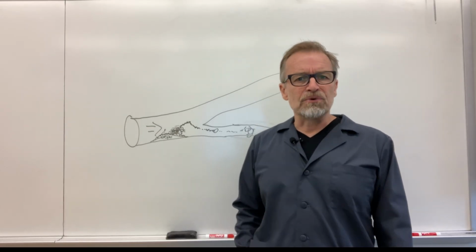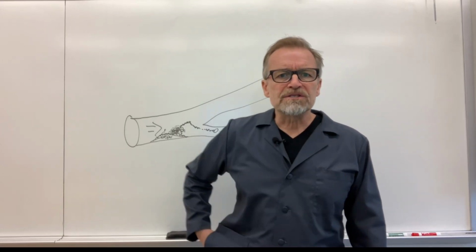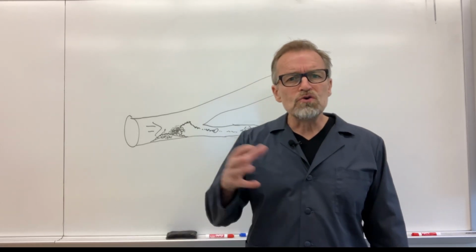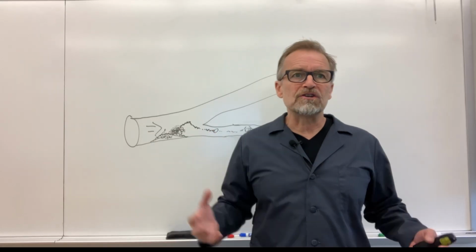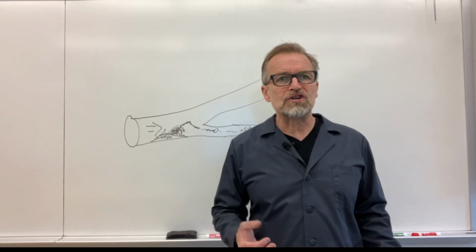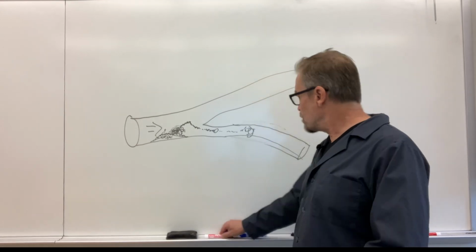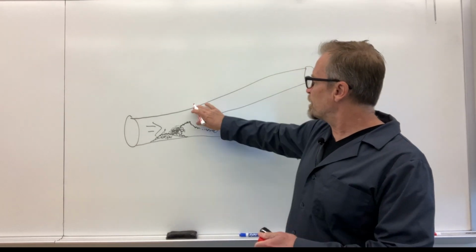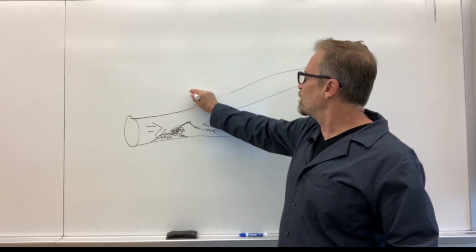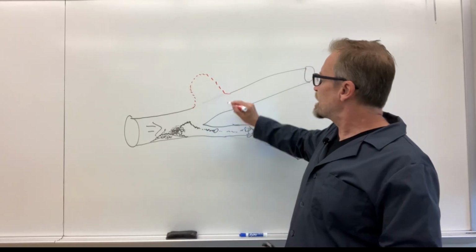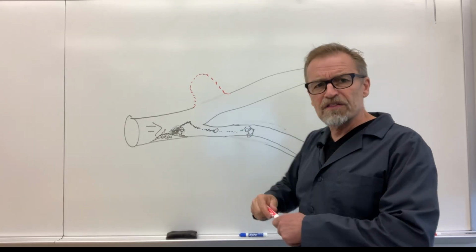Another is an aneurysm. An aneurysm is a ballooning, an extension, a stretching, an undesirable stretching of the vessel wall. So if I were to draw an aneurysm right here, the vessel wall would get kind of weak and it would bulge out, maybe like that. Now, vessels aren't all that strong.